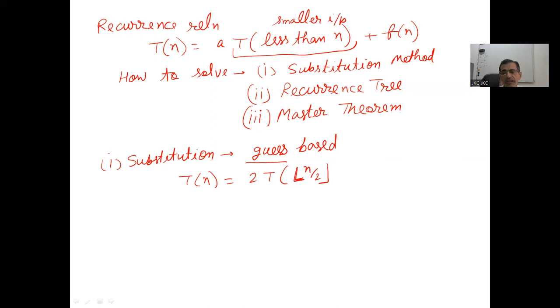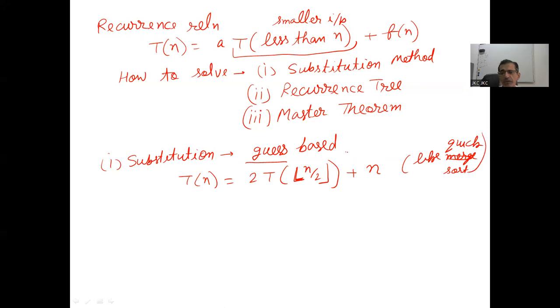For the time being, I am taking floor, plus let's assume I have got some n. Something like merge sort, or not merge sort to be precise, maybe I can say quick sort.